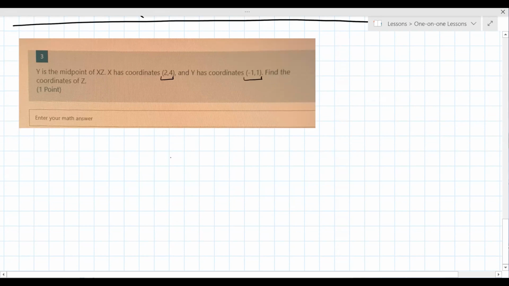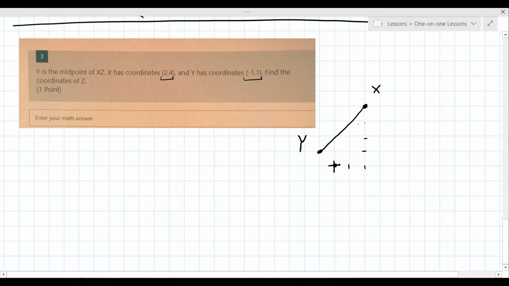So this time I'm actually going to draw something here. So 2 comma 4, right 2, and then up 4, 1, 2, 3, 4. So right here is x. Y is at -1 comma 1. This is y here. And it's saying that y is the midpoint. So z is somewhere down here.